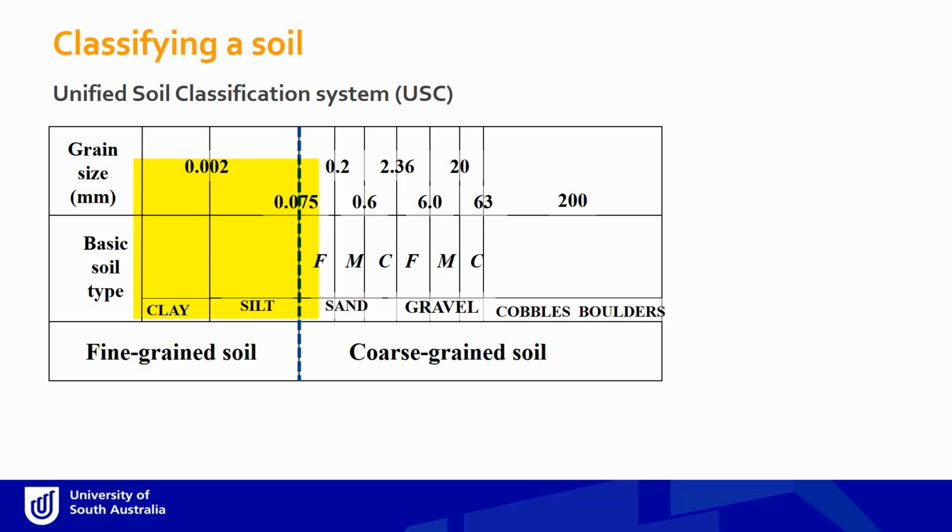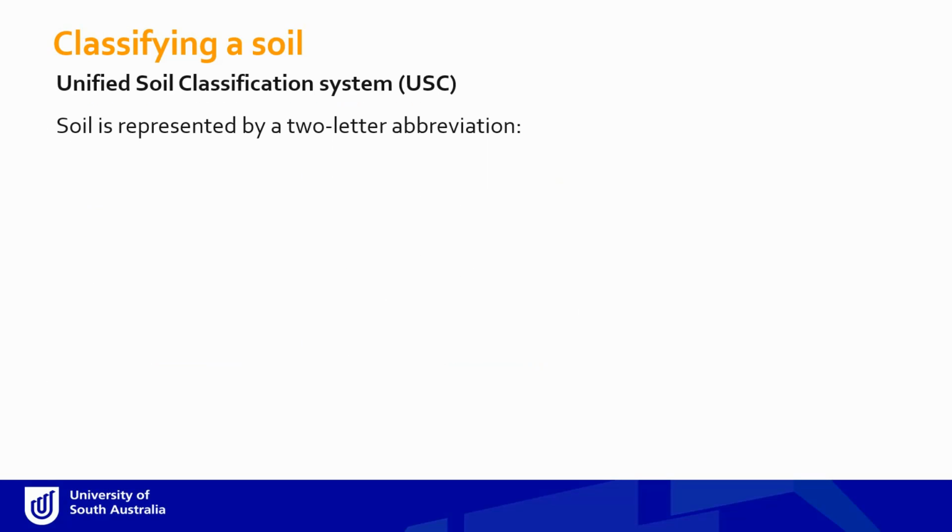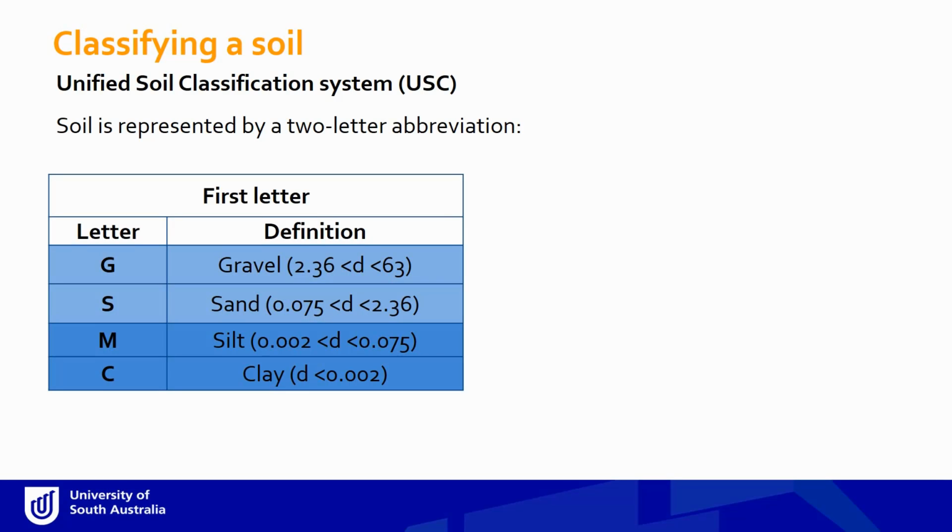Now, let's have a look at the letters we use to define the names, some of the common letters we'll be discussing here. Letter G, you can see in this table, stands for gravel. So if a soil has, say, 60 or 70 or 80 or even 90 percent of particles within the gravel size range, we call it a gravel.